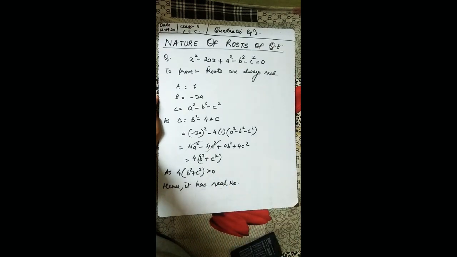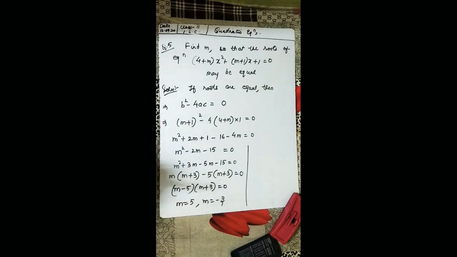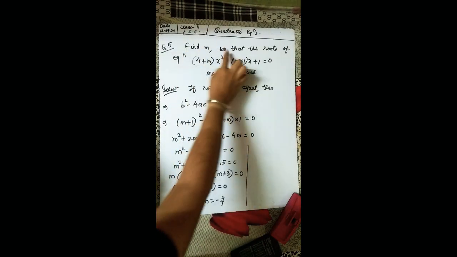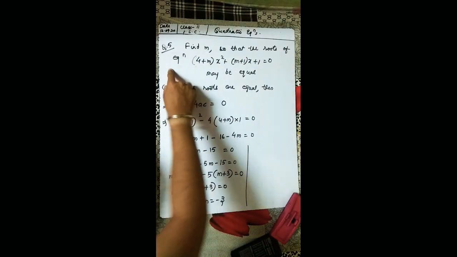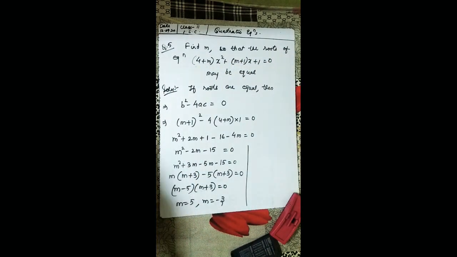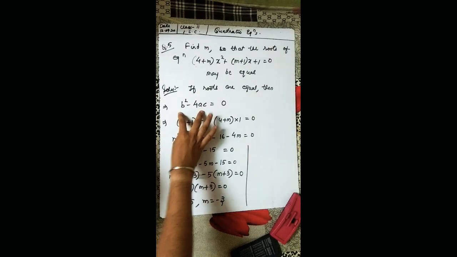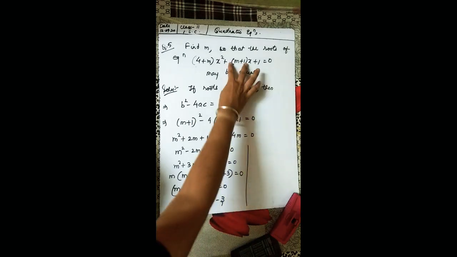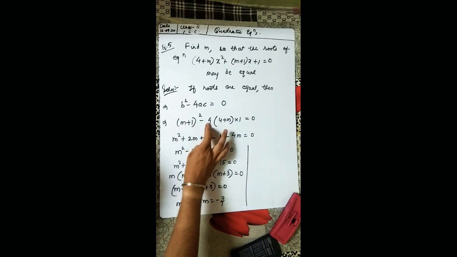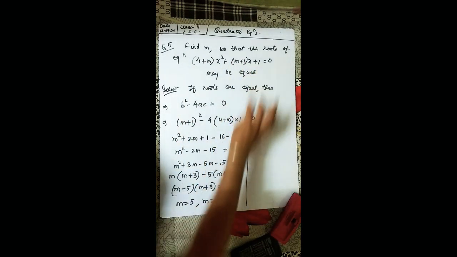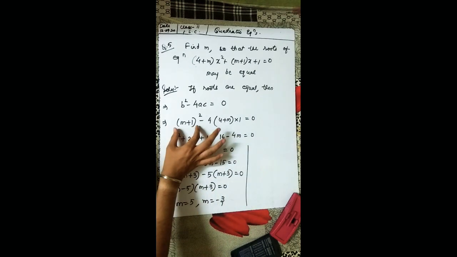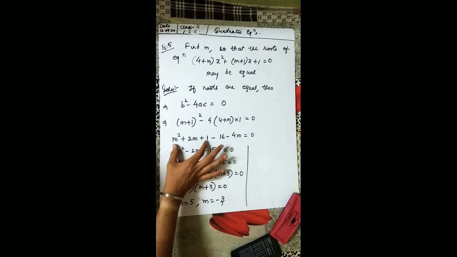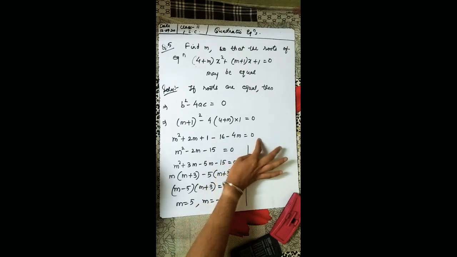Okay, so let us understand this question. Find m so that the roots of the equation may be equal. So the roots are equal. We know the condition when the roots are equal: b square minus 4ac equal to 0. You have b square, (m plus 1) the whole square, minus 4 into a into c equal to 0. On solving this bracket, we got this, equal to 0.